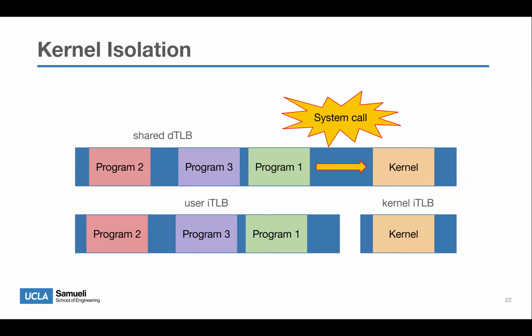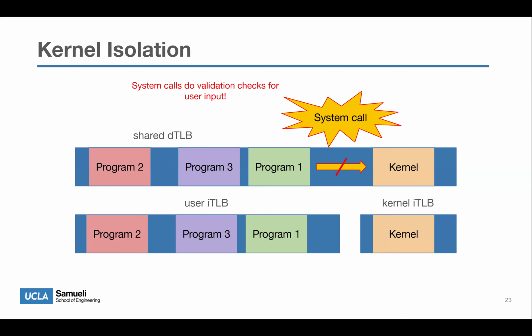Next one. The main issue is that there's still a shared data TLB. The paper proposes an attack that uses a system call, and with a system call, they're able to load in a user argument or code into that. In this case, it's going to be loading a kernel address into that system call.